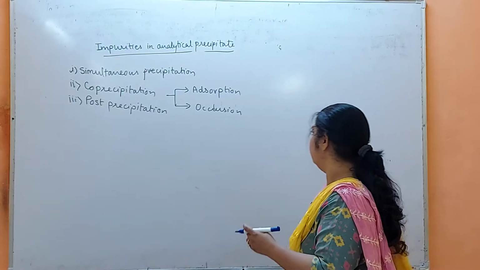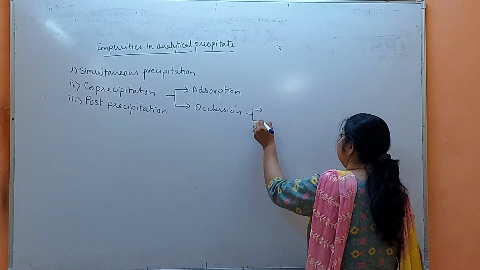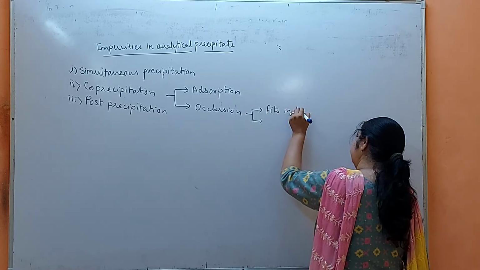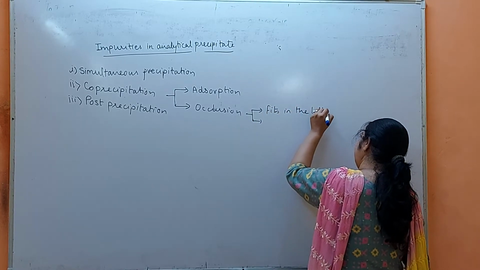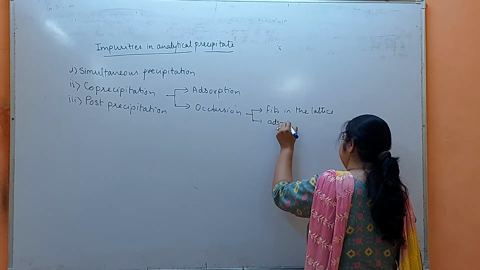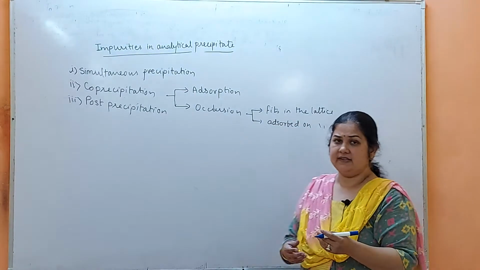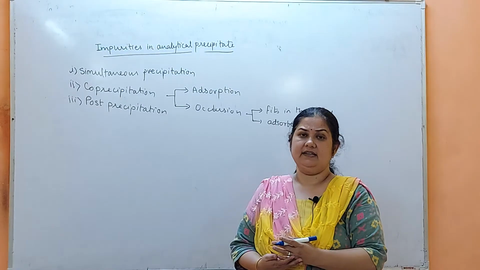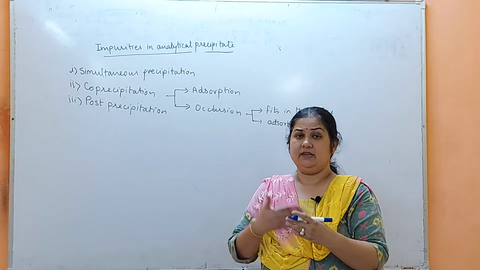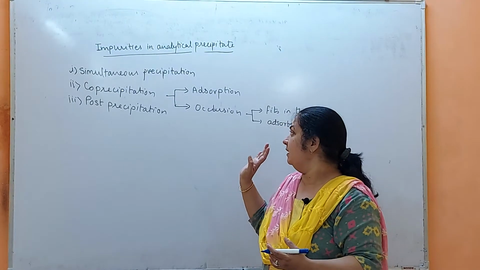It can happen in two ways: if the crystal fits in the lattice, or the crystal gets adsorbed on the lattice. If it fits in the lattice, it gets inside the lattice, and if it is not fitting, it gets adsorbed, and during the growth of the crystal it gets into the lattice.